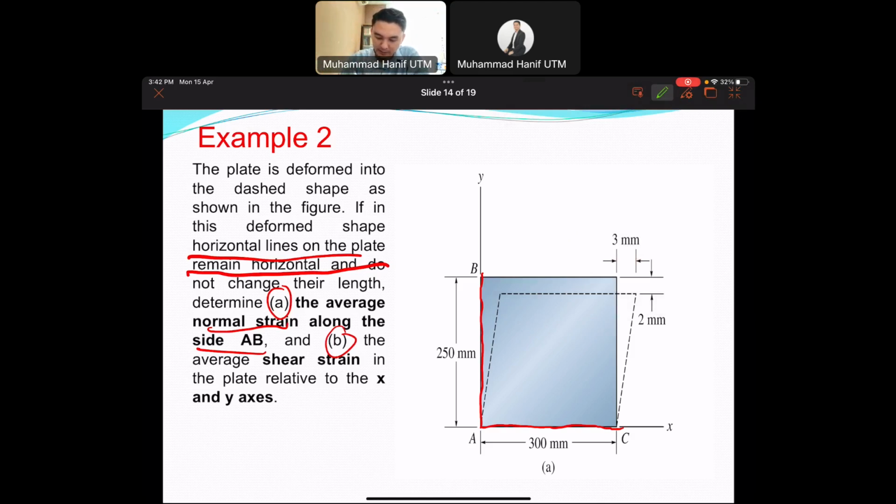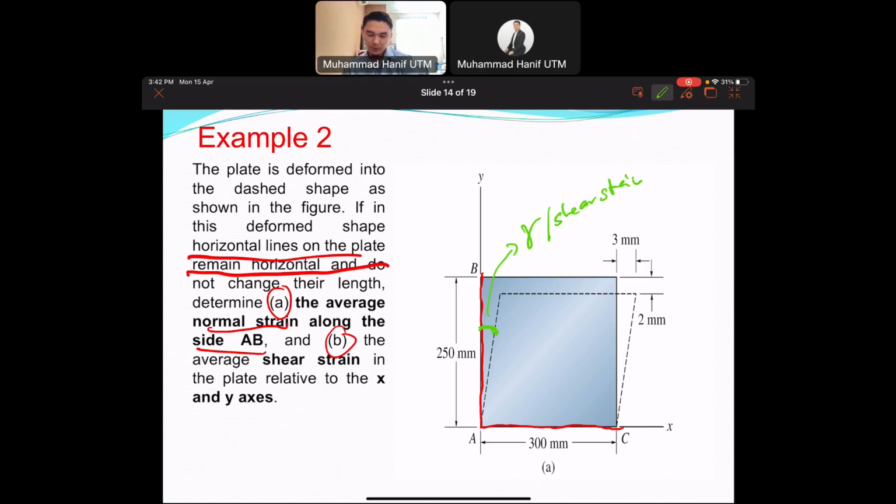So the change in angle is here. It should be gamma. So you have to find the angle here to get gamma, or the shear strain. So this is gamma, the change.